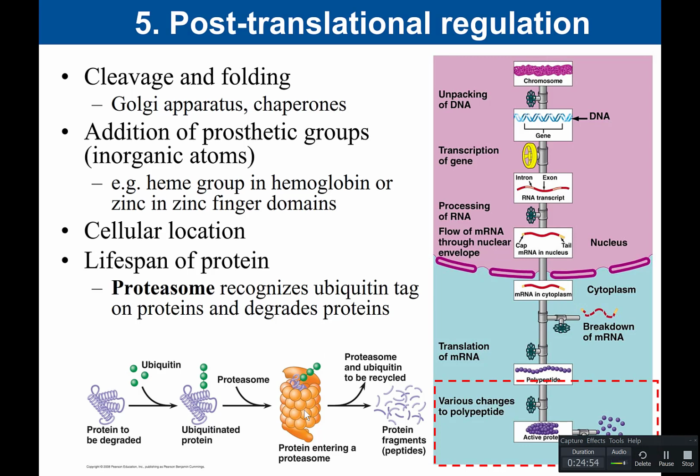The proteasome is going to recognize that ubiquitin tag, and the ubiquitin tag is telling the cell to degrade this protein. And so the proteasome is going to break down the protein, and those protein fragments are then released, but the protein is no longer active. And so we can regulate the gene expression by the lifespan of the protein as well.